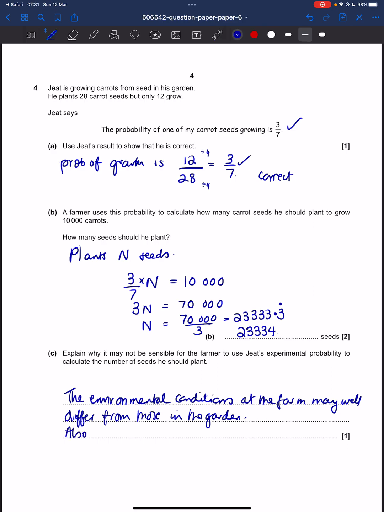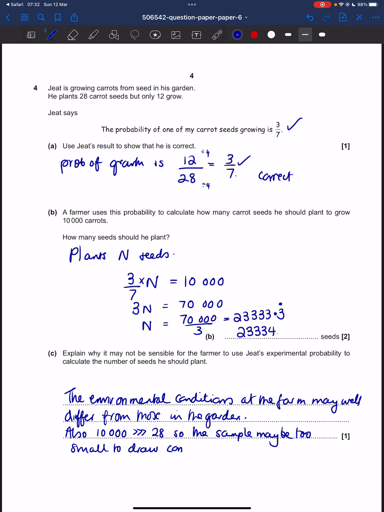Also, 10,000 is much greater than 28. So you could say the sample may be too small to draw conclusions.